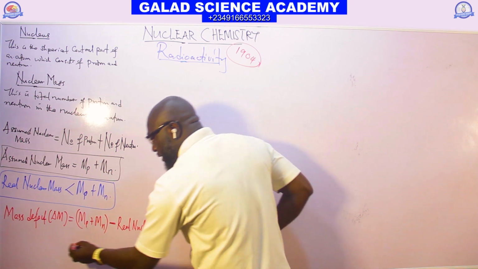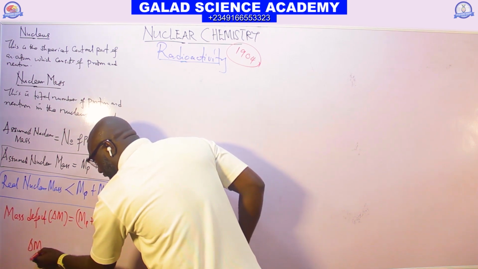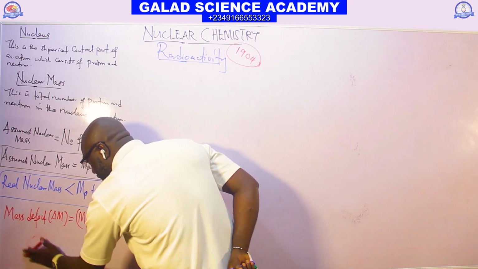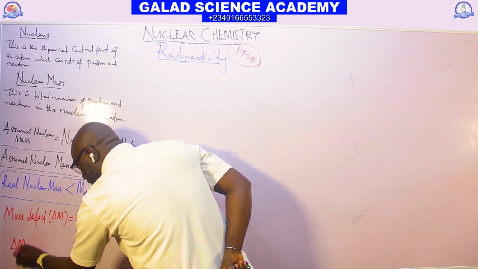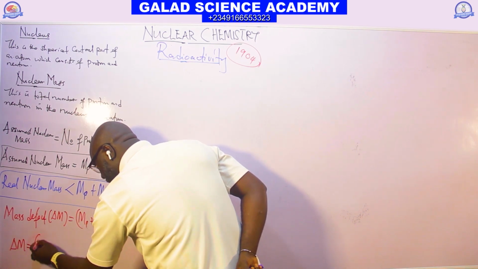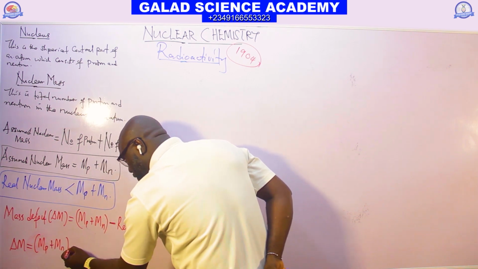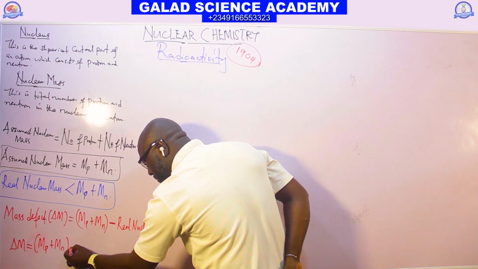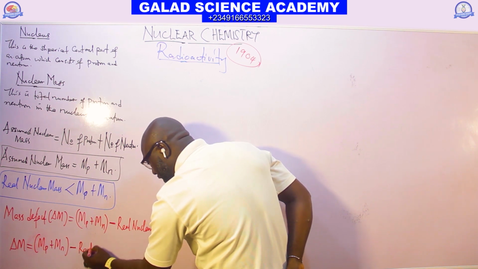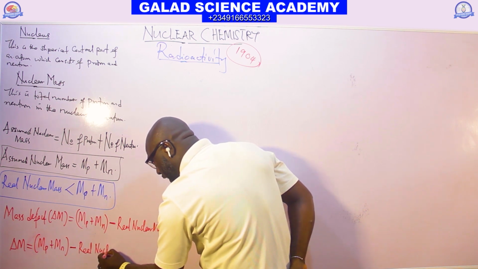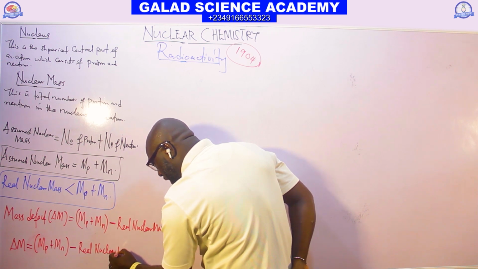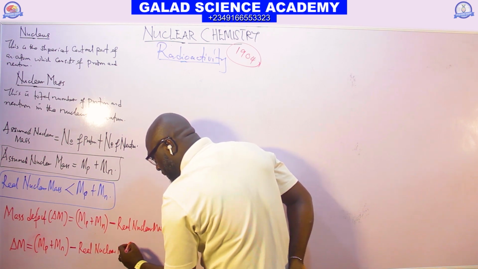That is, the mass defect will be mass of proton plus mass of neutron minus real nuclear mass.